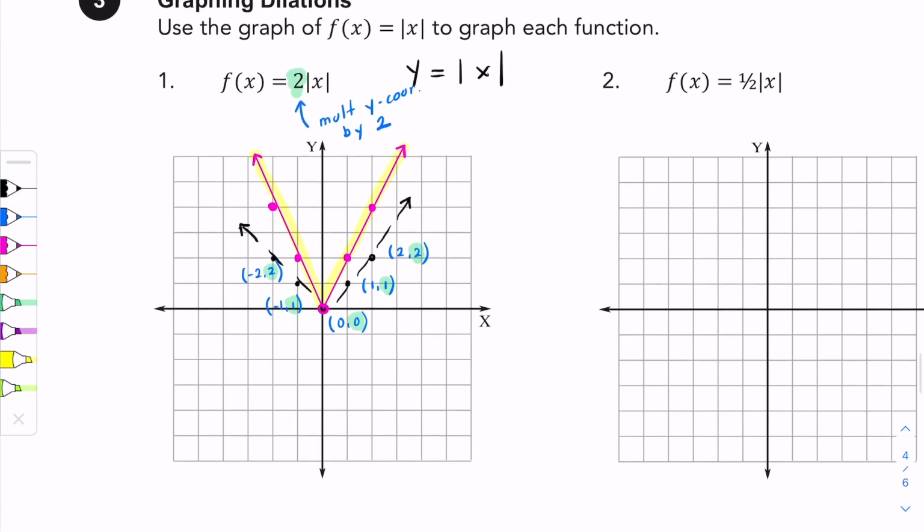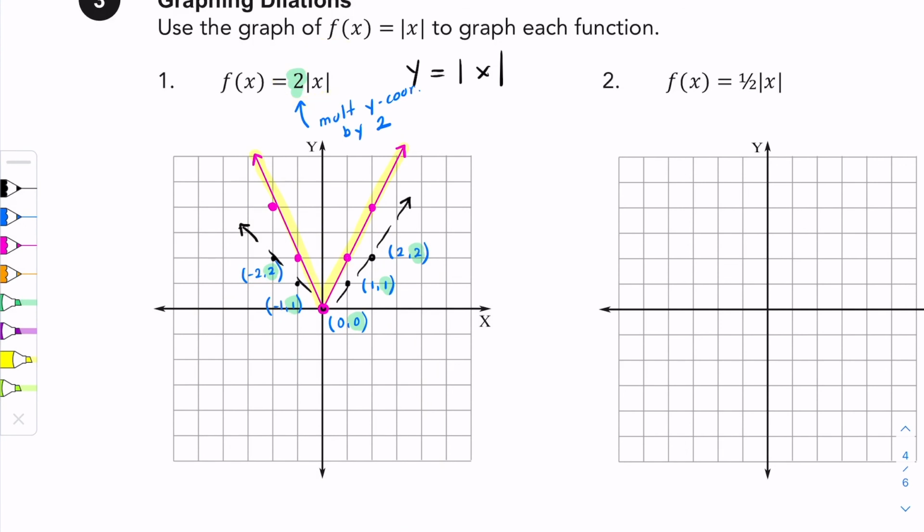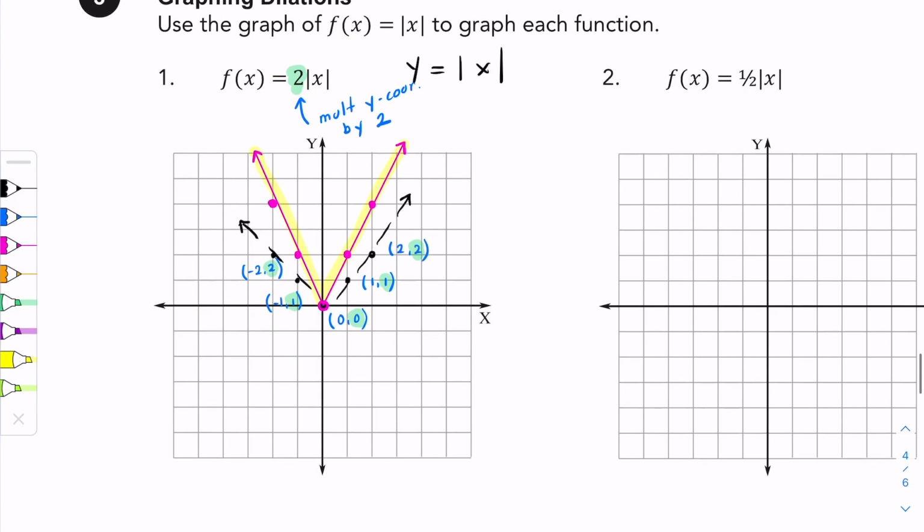Again, when you are performing a dilation, whether it's a stretch or a compression, you are multiplying the y values by your a term, or the multiplier in front of your parent function. If you were to make a table of values for this, you would make a table of values from the previous graph. In this case, our previous graph was just our parent function.